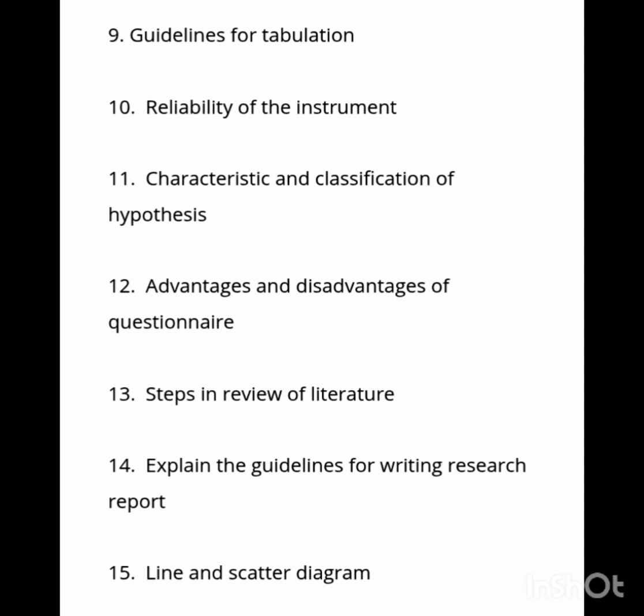So in this line and scatter diagram, the variables will be shown as dots on the graph. So that graph can be lined by a relationship between the variables. Okay, so these are the important questions in nursing research and statistics.